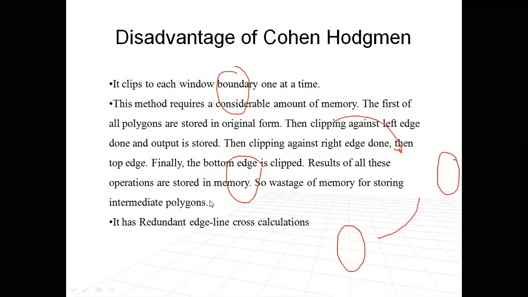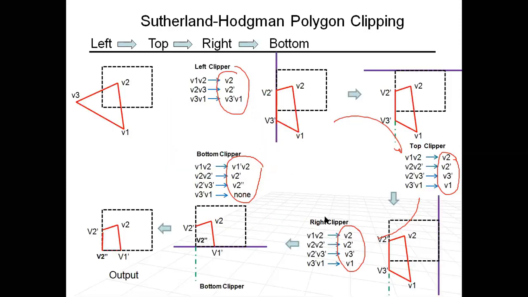So this is not the final result. Left clipper is not the final result. Your right clipper is not the final result, basically. So after clipping across each edge, you have to store the vertices or complete polygon. So that is the wastage of memory in storing the intermediate polygons. And also it has redundant edge line cross calculations, as I told you with the help of this figure, that once it is V2 dash and V3 dash, this line was generated.